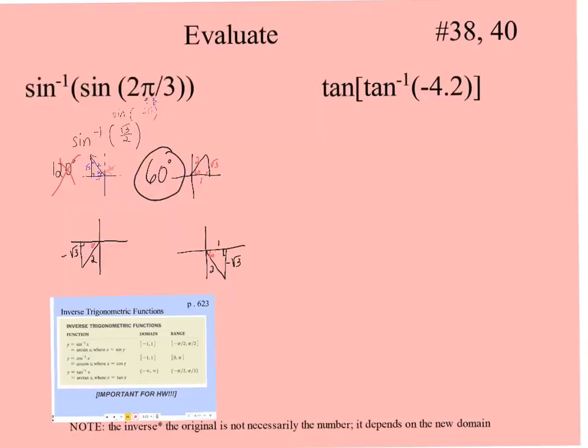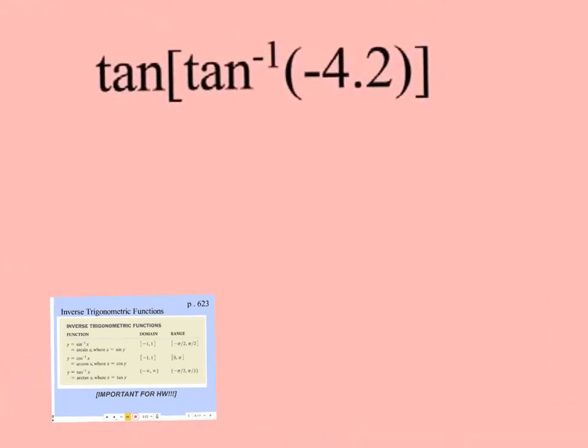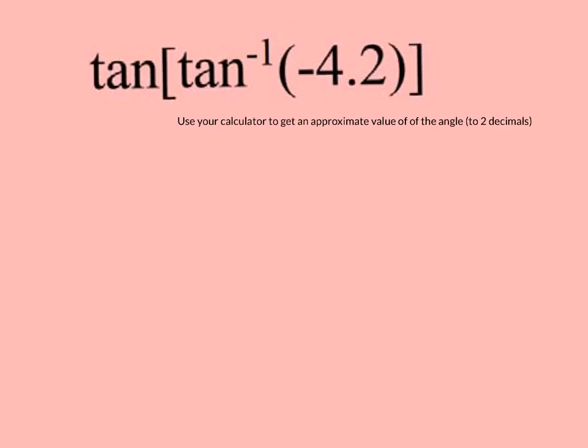So let's try another one where we're looking at tangent of tangent inverse this time. Here I'm not going for exact values. My rusty trusty calculator tells me the very strange answer of negative 76.61 approximate degrees.